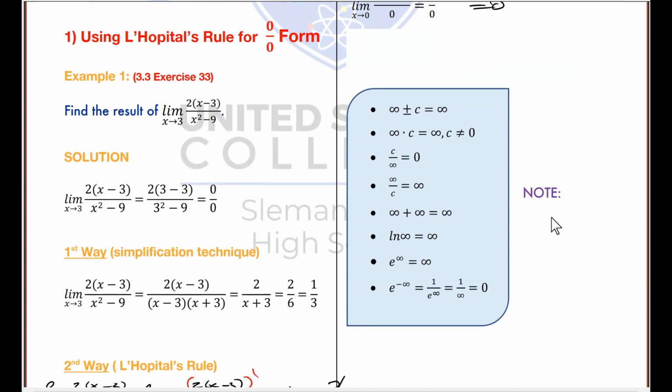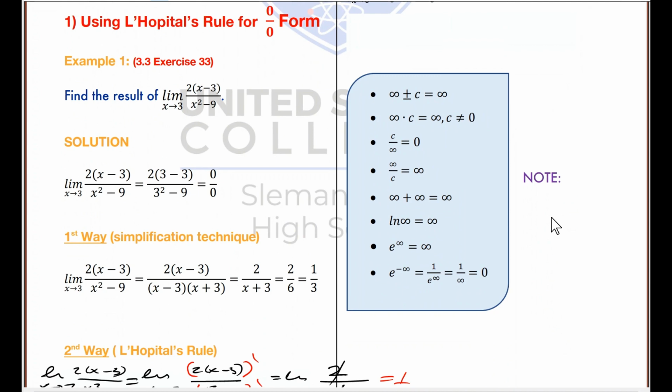Okay, now let's continue with using L'Hopital's rule for the infinity over infinity form. In order to find the answers correctly, we should know some notes. Adding a number to or subtracting a number from infinity gives you infinity; it doesn't make any difference. Multiplying infinity by a number also gives you infinity, as long as that number is not 0. A non-zero number divided by infinity is 0.